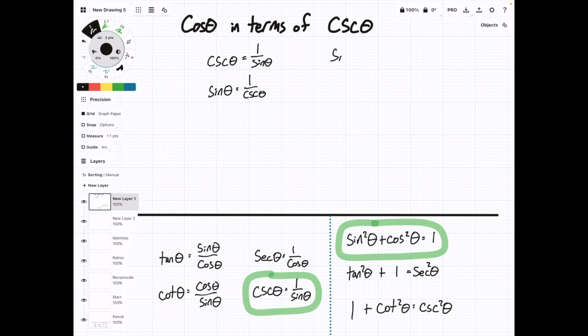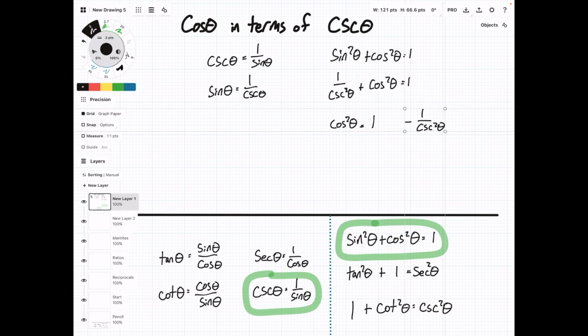So I'll just write it all out. Sine squared theta plus cosine squared theta equals 1. This is going to become 1 over cosecant squared theta plus cosine squared theta equals 1. Then we're going to get cosine by itself, so cosine squared theta equals 1 minus 1 over cosecant squared theta.